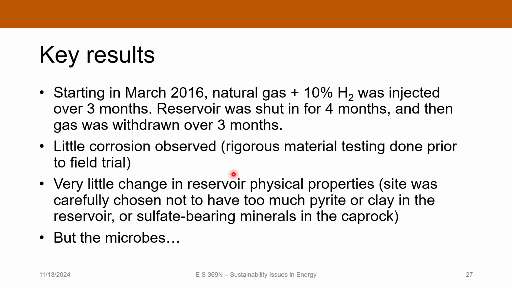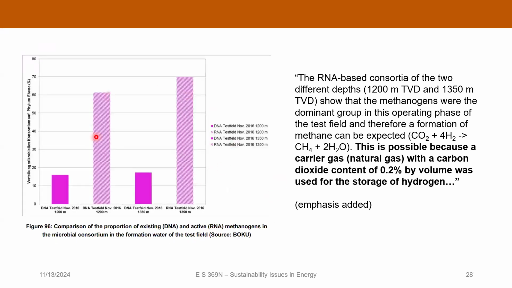So that was a good thing. But one problem they had was with microbial consumption of the hydrogen. And so they did tests for the amount of DNA and the amount of RNA that was present in the fluids at a couple of different depths. You can see 1,200 meters and 1,350 meters within their borehole.